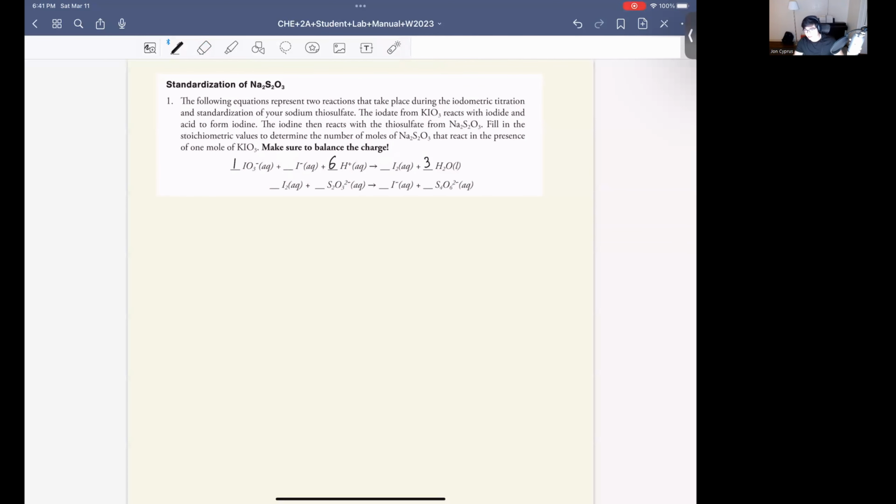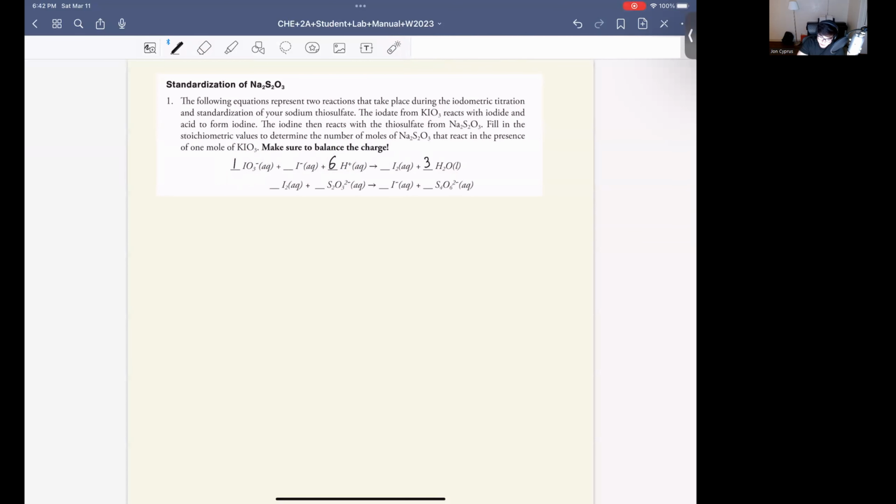The way you can look at this is currently, on this left side, I have a charge of 5 plus. I have 6 positive 1 charges, and I have 1 negative 1 charge, so the total is plus 5 on this side. On the right side, I have this H2O, which is neutral, and the iodine is also neutral, and so there's a charge of 0.